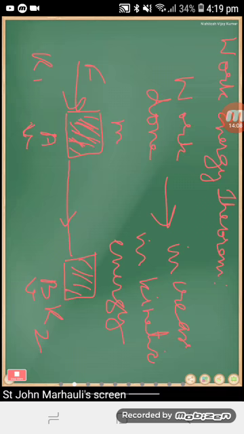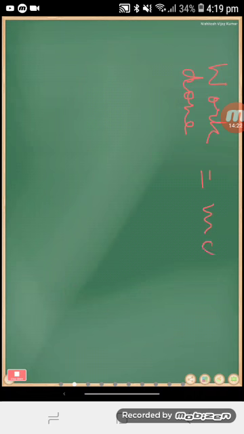Okay, if we want to write it down mathematically, you can write: work done is increase in kinetic energy, that is W is equal to Kf minus Ki.